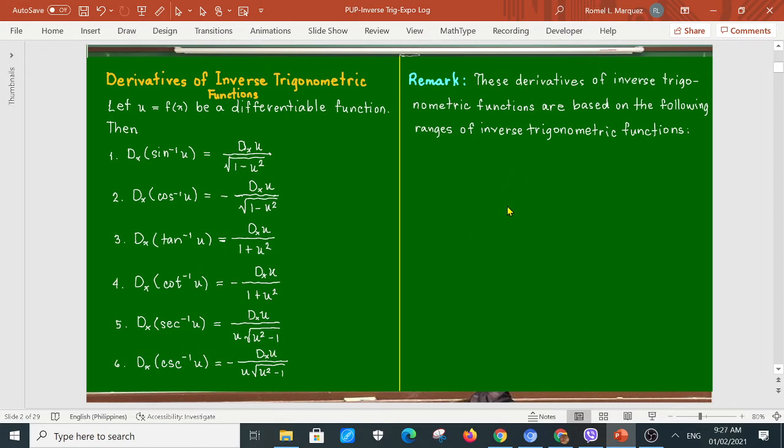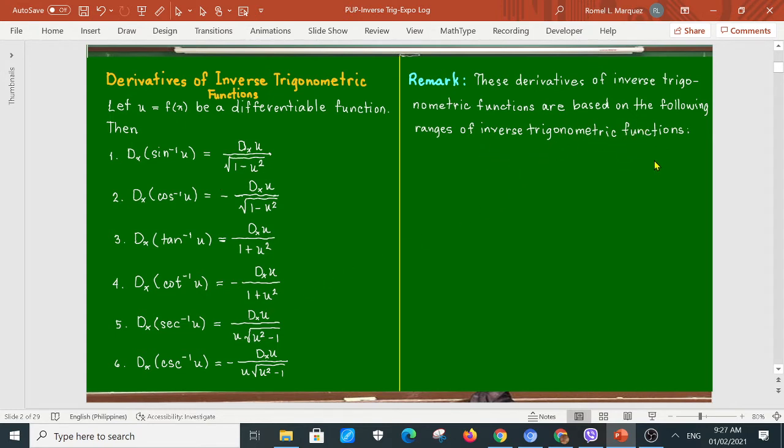Kaya you review these functions, i-google nyo kung wala kayong copy, kasi these were supposedly discussed in senior high, no? Inverse trigonometric functions, pre-calculus.